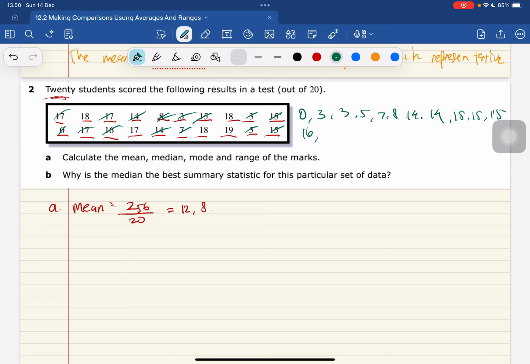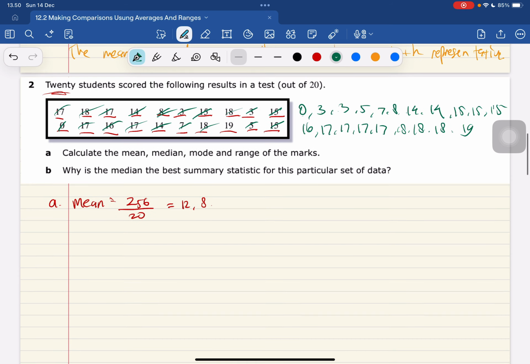Then 17 four times, 1, 2, 3, 4, then 18 three times, and the last is 19. Counting the sorted values to the middle, the median is 15.